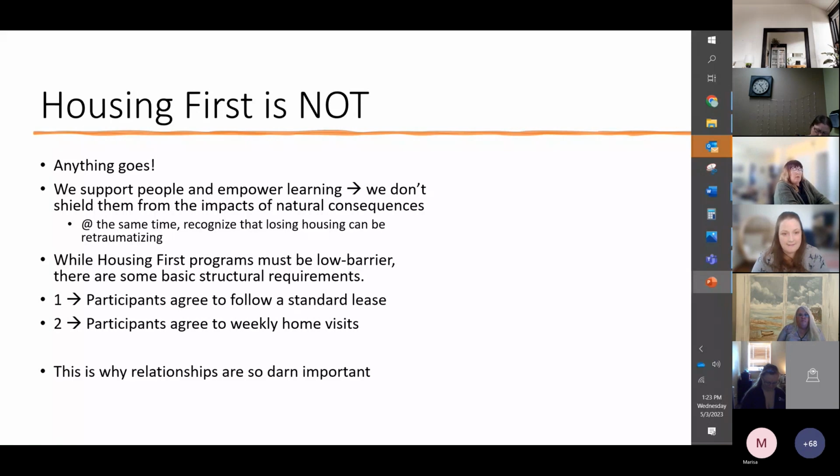And again, I think it's why relationships are so important, because a lot of times you're having really hard conversations with people, for example when their adult son or daughter is staying with them and causing huge impacts to their housing, not just because they're there, but because of all the things that they're doing.